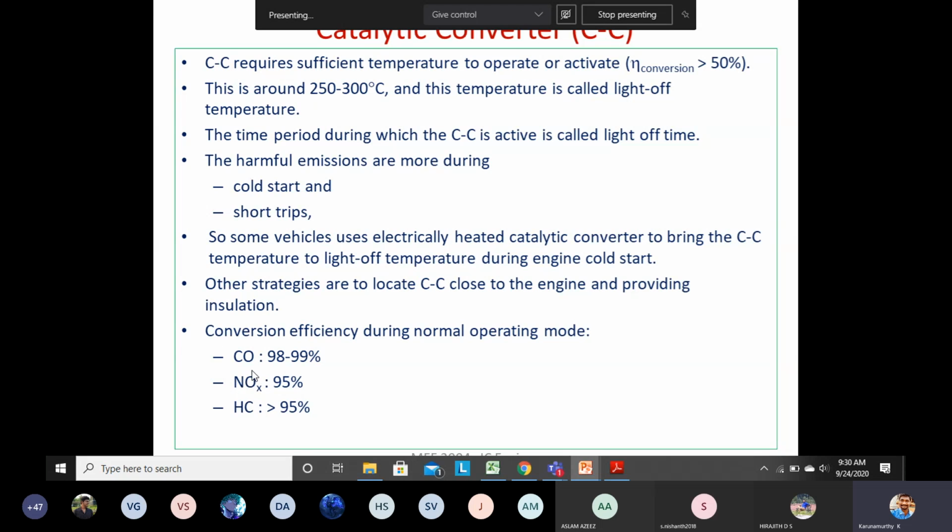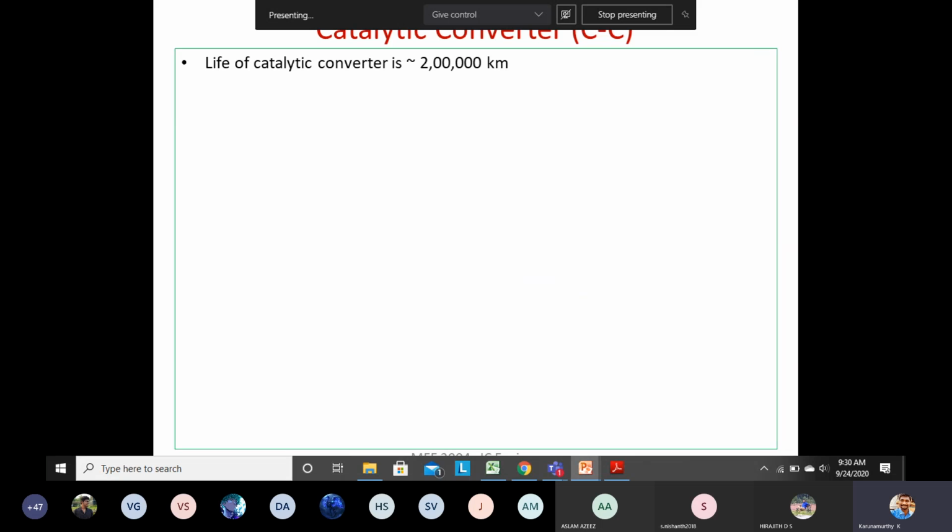This NOx is going to get converted into nitrogen and oxygen. 95% of the conversion is possible. And similarly the unburned hydrocarbon is going to become water vapor and CO2, and the conversion efficiency is around 95%. So you will find more than 95% conversion efficiency when the engine operates under normal operating mode.